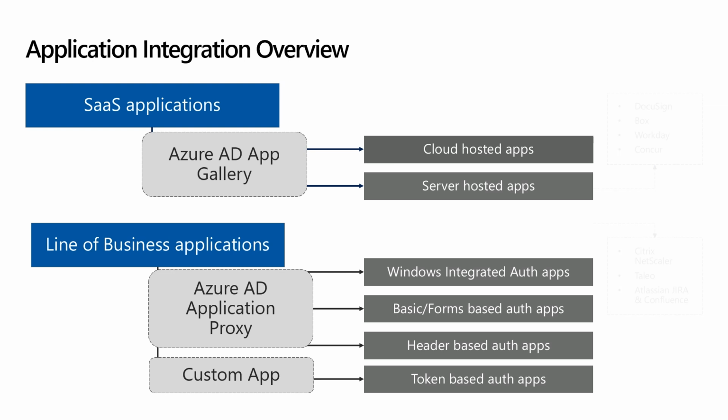The Azure AD application proxy feature focuses on how you integrate Windows integrated authentication, basic or forms-based authentication, or header-based authentication. Azure Active Directory also has a feature called non-gallery applications, or sometimes custom applications. These can be used for token-based authentication, particularly when you are using SAML or WS-Federation as a protocol.